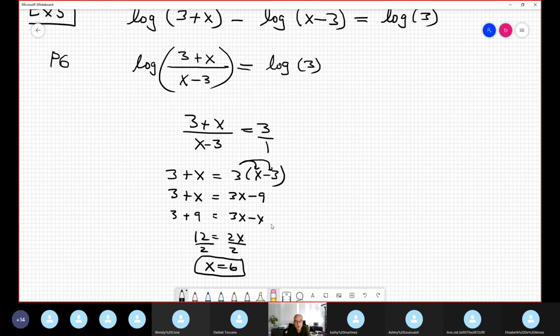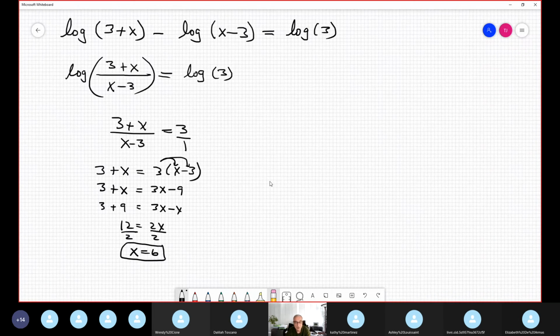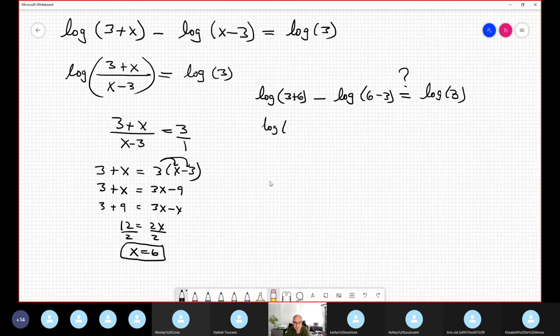So always I need to check in the original equation. But in the original equation it's easy to check because I need to prove somehow that the logarithm of 3 plus 6 minus logarithm of 6 minus 3 should be equal, question mark, to logarithm of 3. This is 9. This is 3.